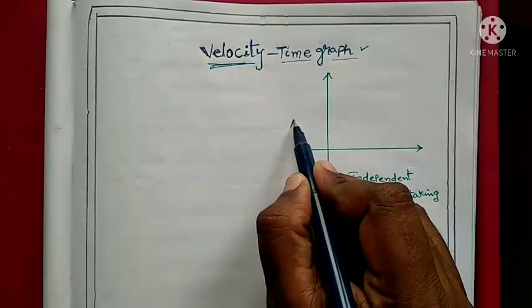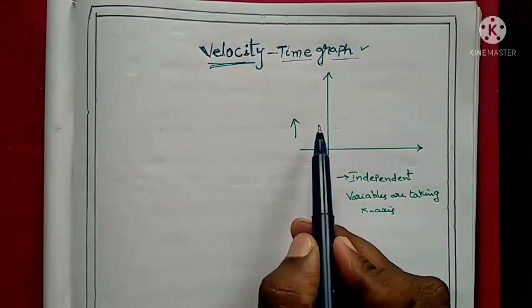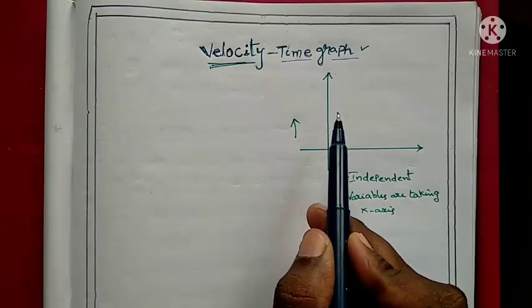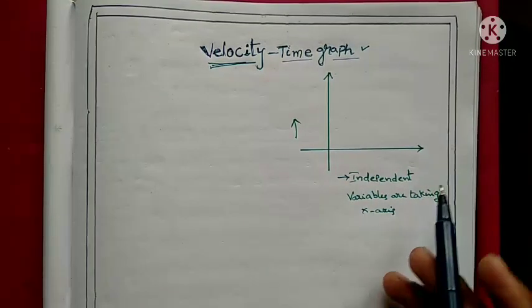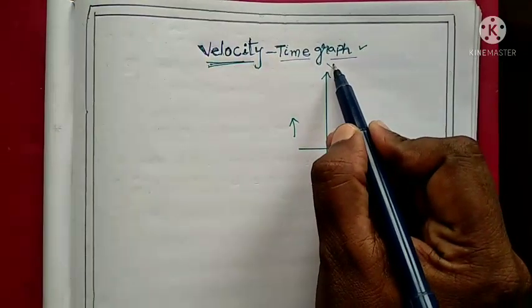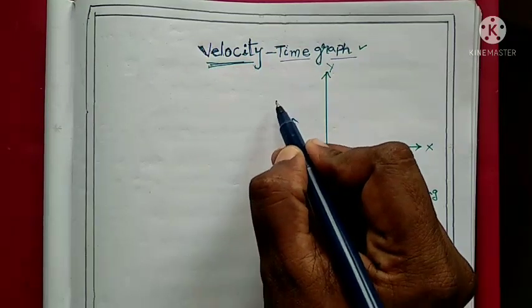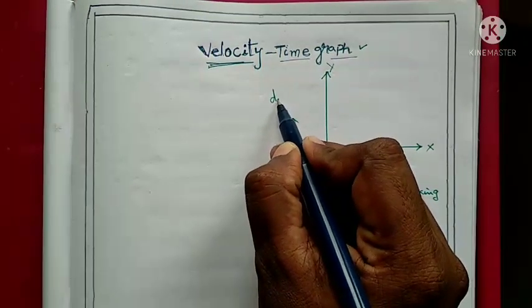Now, in the case of dependent variables, that means the variables which depend on the x-axis variable, they must be taken on the y-axis.